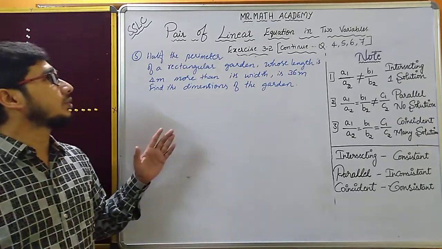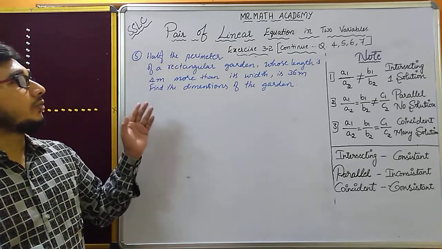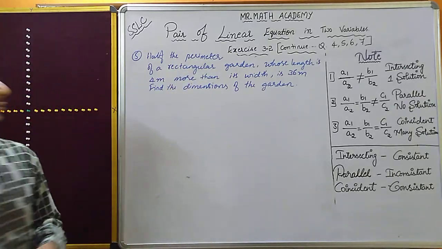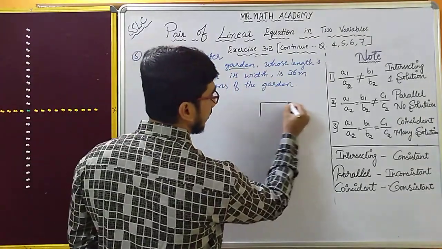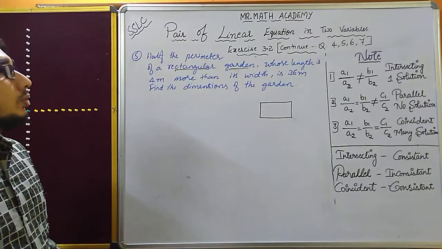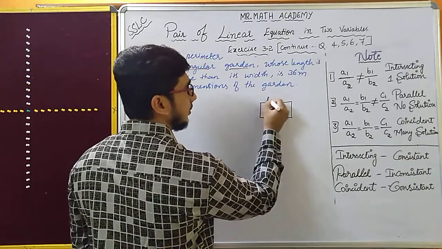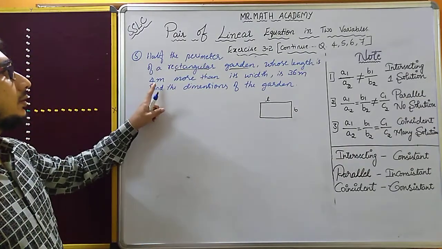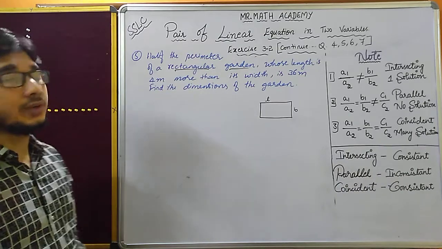Let us go for the next question, the fifth question. Let me read out: half the perimeter of a rectangular garden. Imagine a rectangular garden, whose length is 4 meter more than its width.